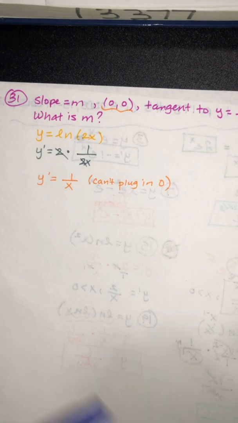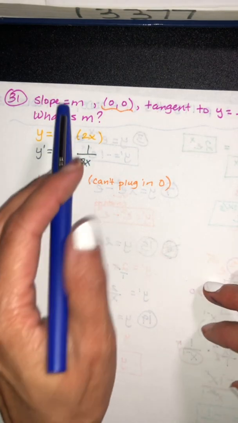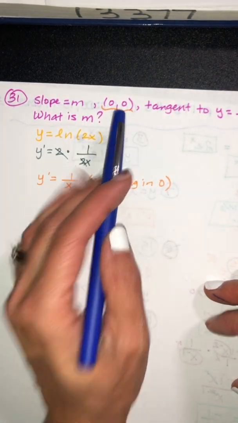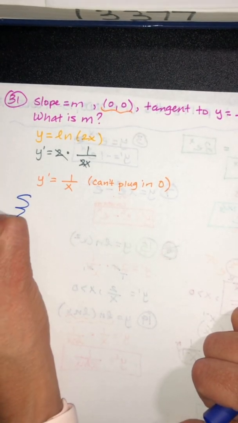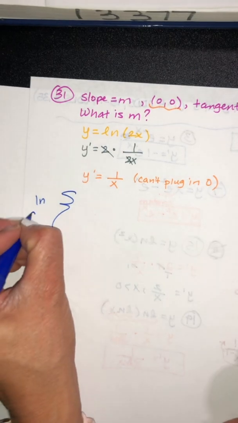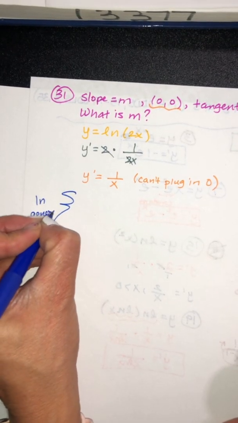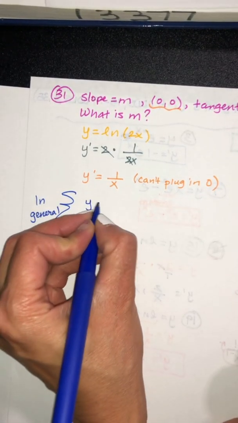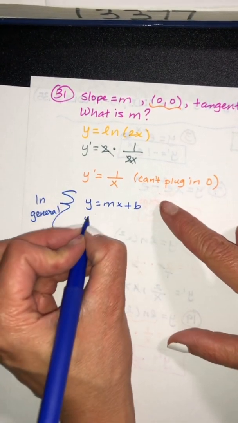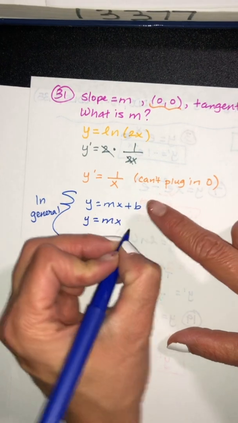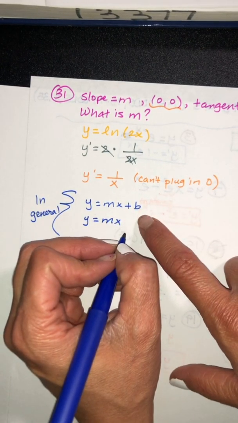They're saying that the tangent line, we don't know its slope, it's m for right now, but it goes through the origin. So in general, y equals mx plus b. For this particular line, we don't know the slope, so it would be mx, but we do know that it passes through the origin.